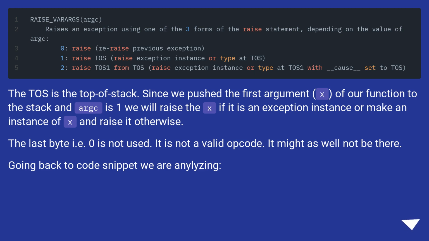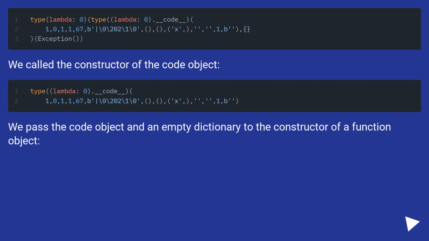Going back to the code snippet, we are initializing. We called the constructor of the code object. We pass the code object and an empty dictionary to the constructor of a function object.